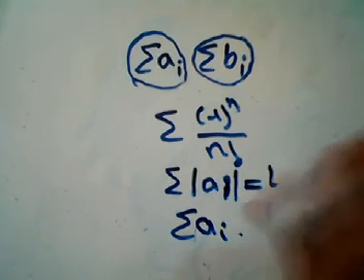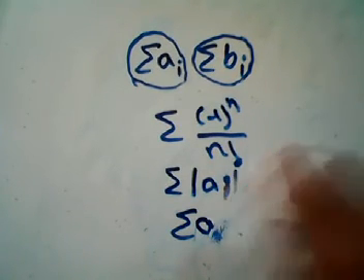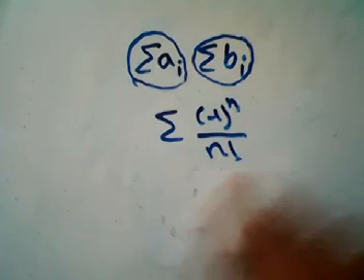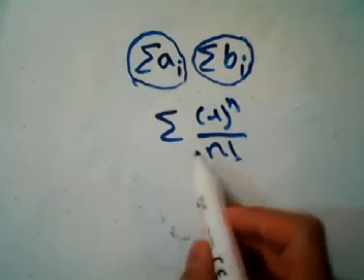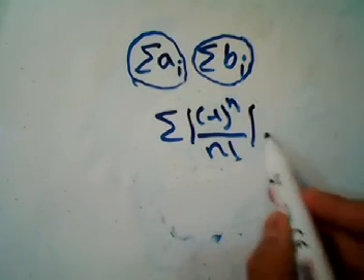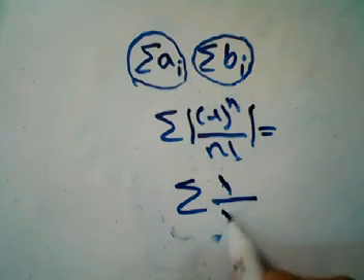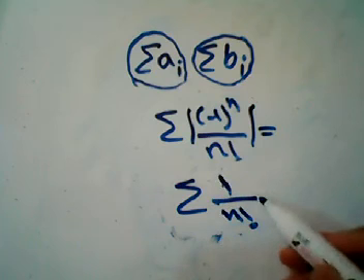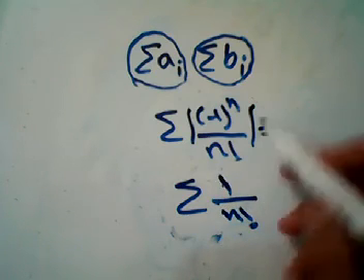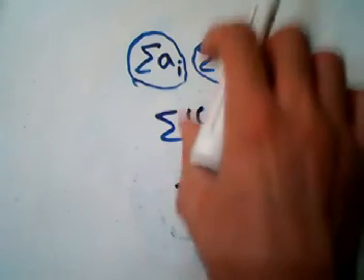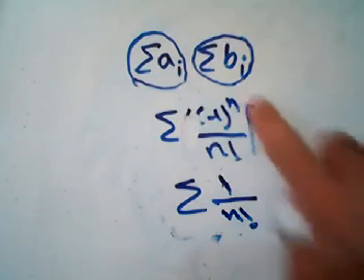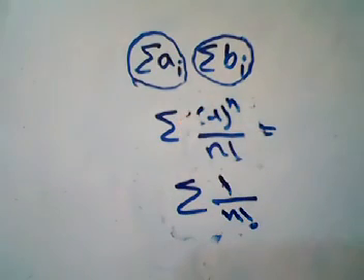Okay, so it's easy. We know that this equals the sum of 1 over n factorial and is convergent. So this is also convergent. Okay.